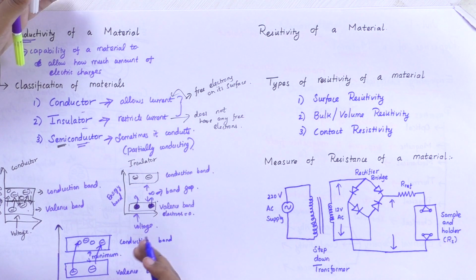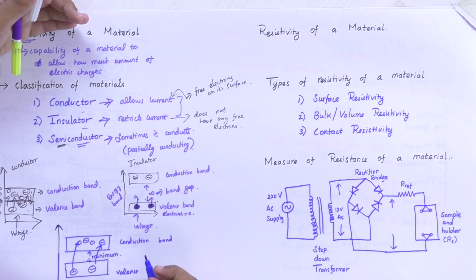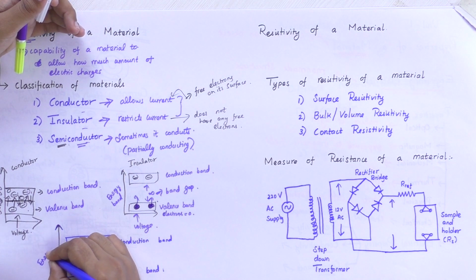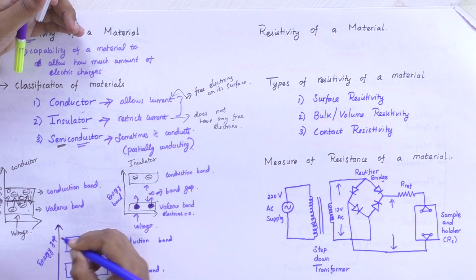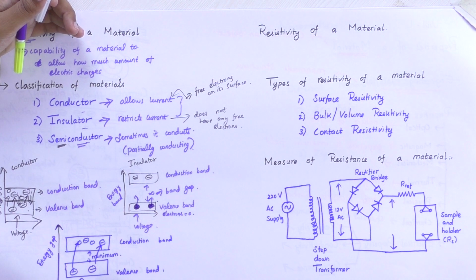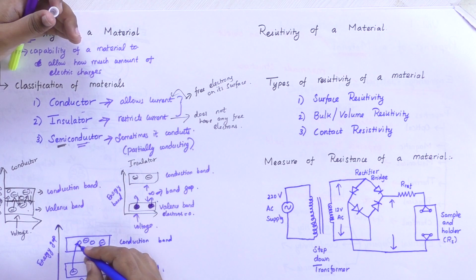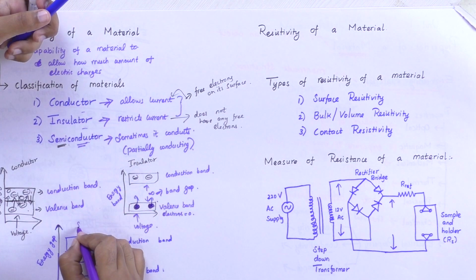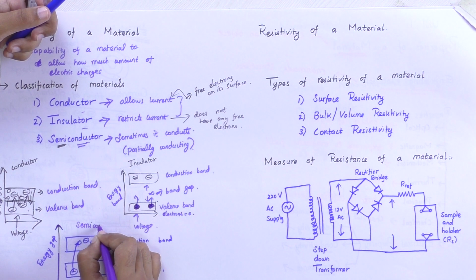If you apply a voltage, when a certain breakdown occurs, this electron will flow to the conduction band. So we call this a semiconductor.